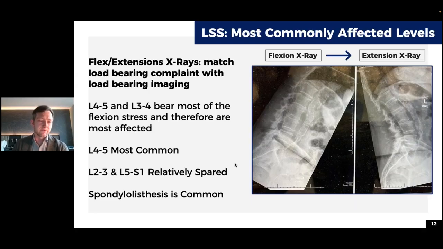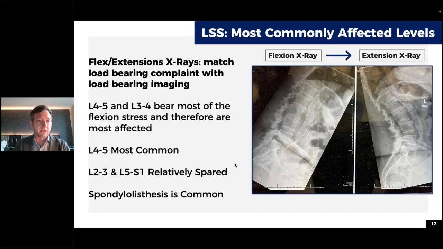Between the flexion, neutral, and extension X-rays, we're looking for any significant change in a spondylolisthesis. Even a stable spondylolisthesis that doesn't move can still cause symptoms due to stenosis, but these are two comorbid processes.